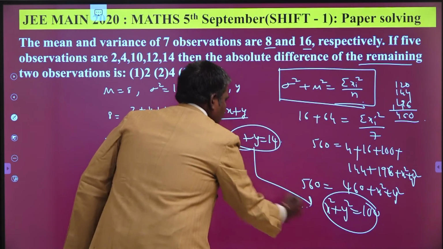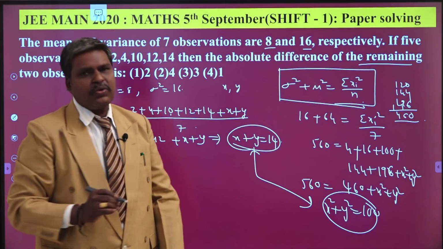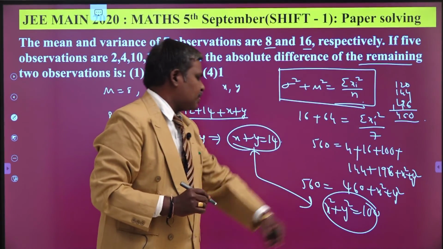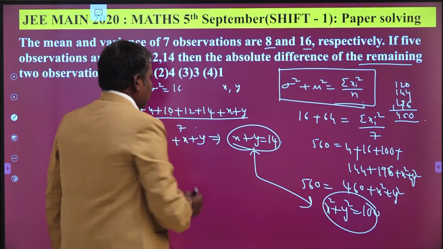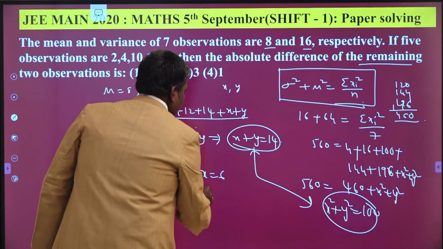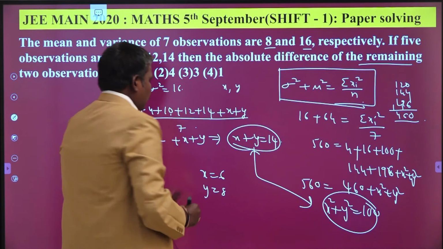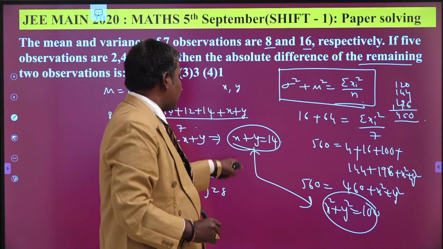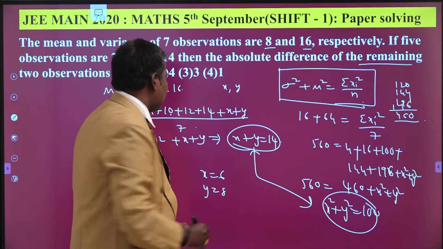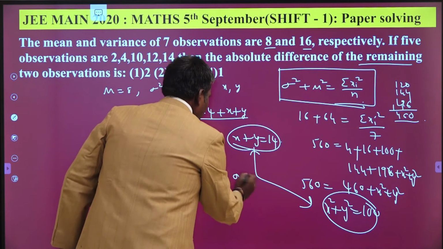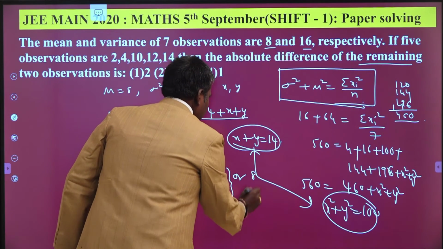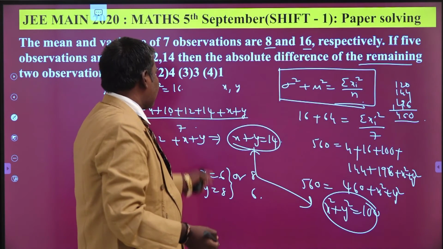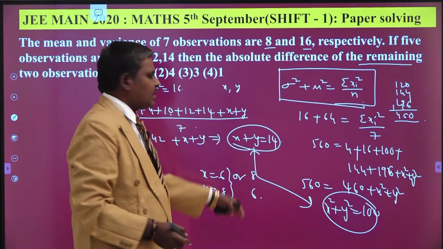Now we have two equations. One is x plus y equal to 14, the other one is x square plus y square equal to 100. Simply we can say that 6 and 8. 6 plus 8 is 14, 6 square plus 8 square, 36 plus 64, that is 100. Or what is the other value? 8 comma 6. So the values of x and y are either 6 comma 8 or 8 comma 6.